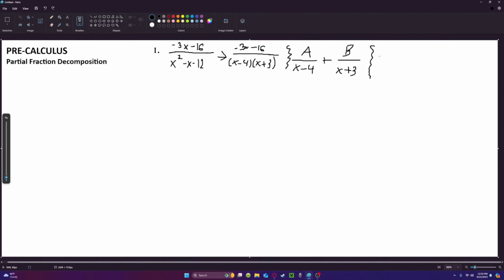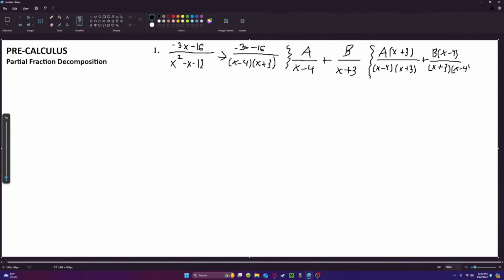So what that would look like is just like this. You have A times x plus 3 over x minus 4, x plus 3, and then you're adding it to B times x minus 4 over x plus 3, x minus 4.